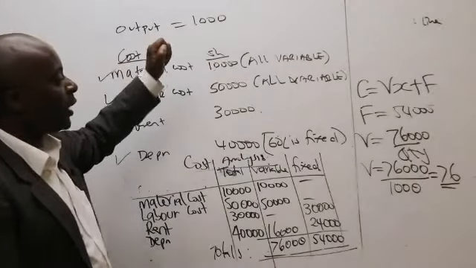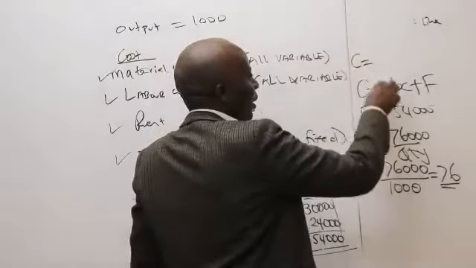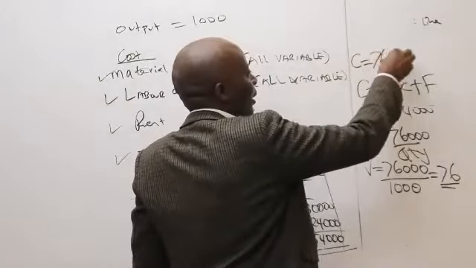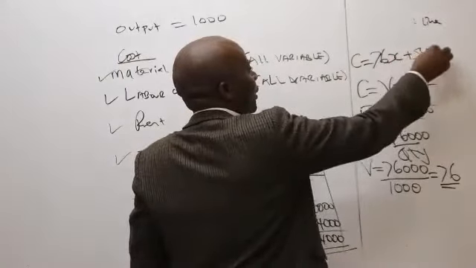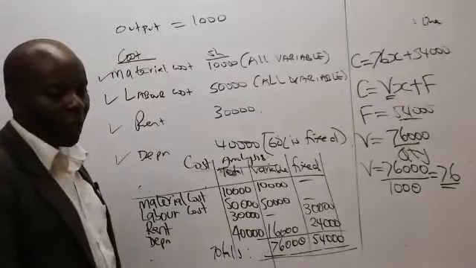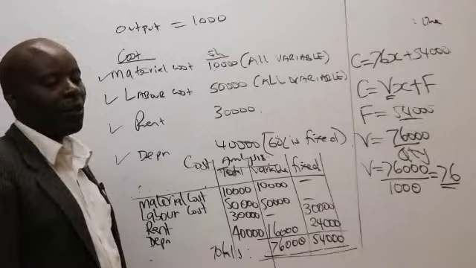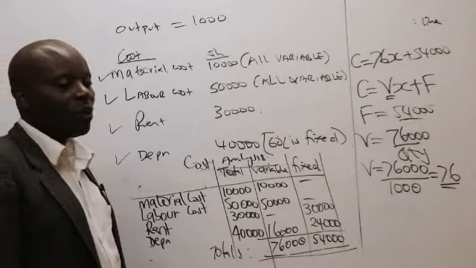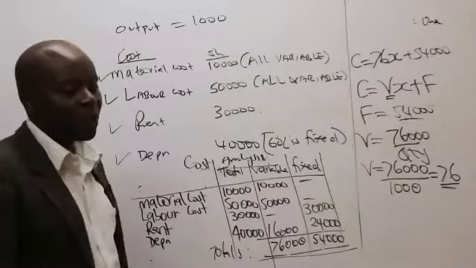So, ladies and gentlemen, if that is the case, then my C will be 76x plus the fixed cost of 54,000. So now we have a cost equation. With this cost equation, we can very easily use it to do a prediction.